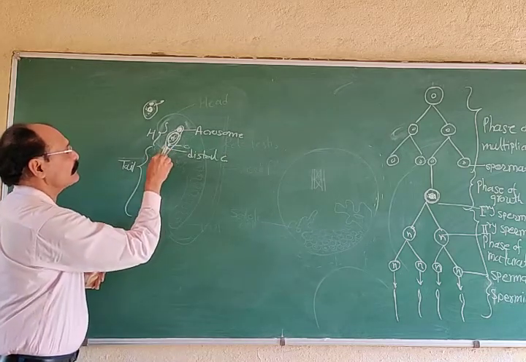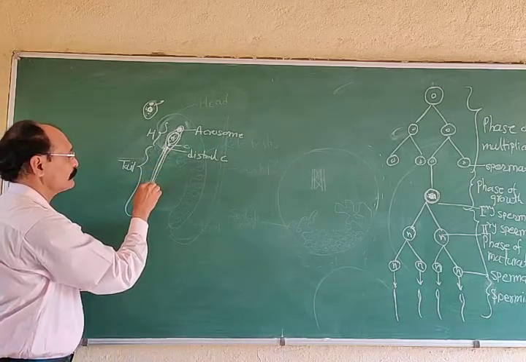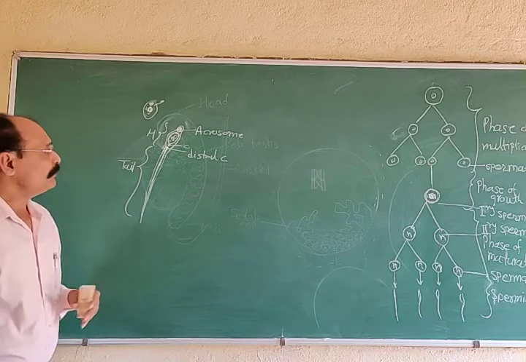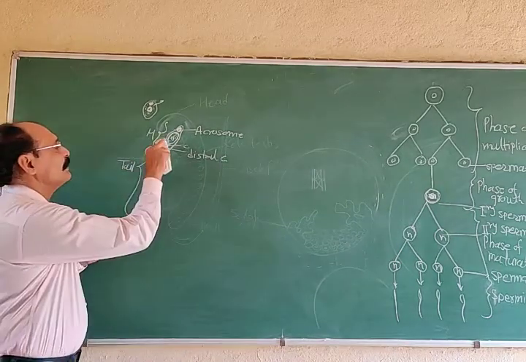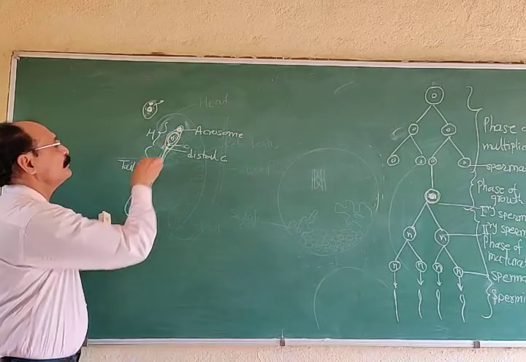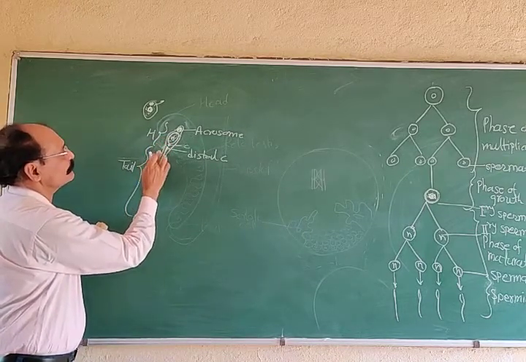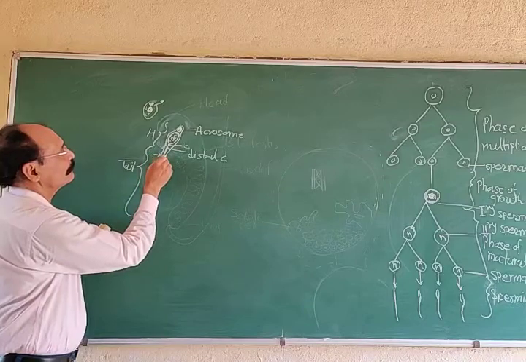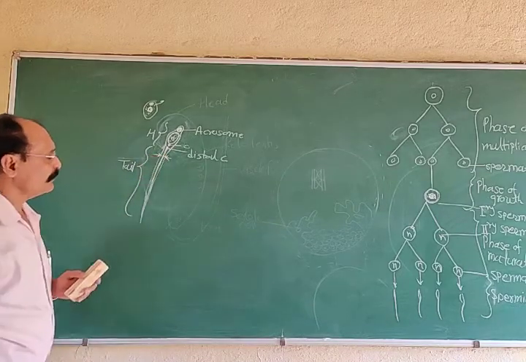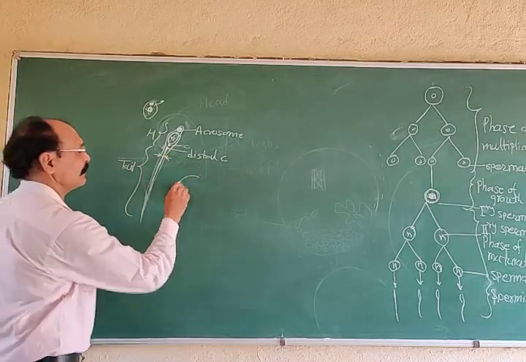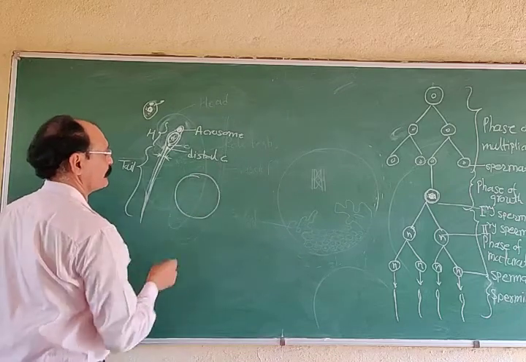From this distal centriole there is the starting of the tubular structure, the central tubule. If you take the cross section through this tail or mid piece, we can see the structure.